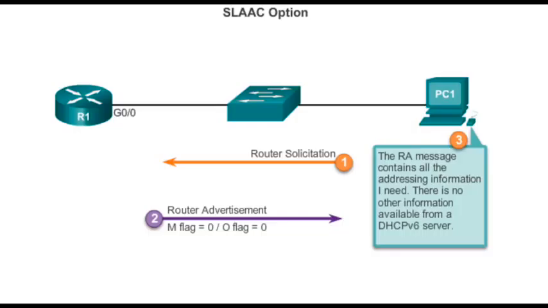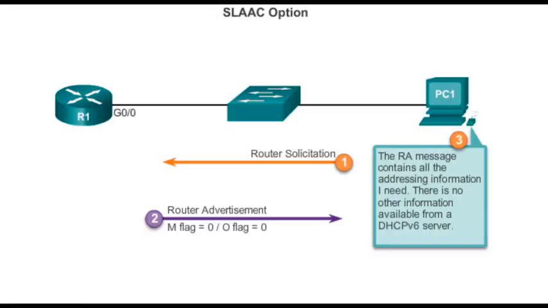In the routers we have some flags that we can configure, and these show the way the PC will obtain its prefix and its IP address dynamically. By default, Cisco has configured the M flag equal to 0 and the O flag equal to 0.